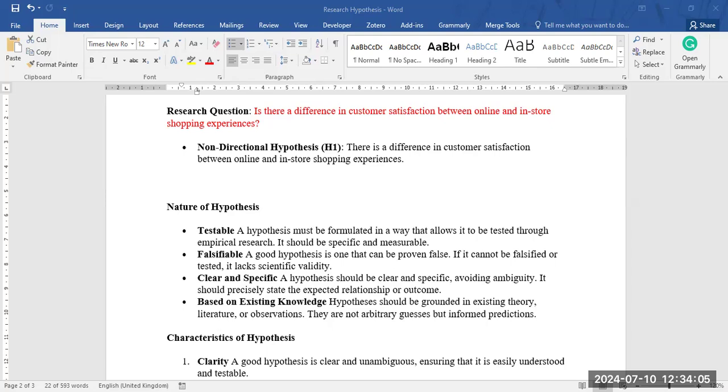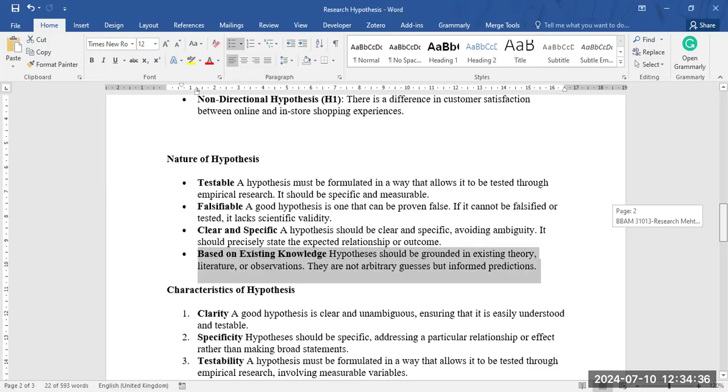They cannot simply guess without existing knowledge, because existing knowledge means researchers have already done some research related to recommendations. They expect personalized recommendation can boost sales. A company wants to test this on their website, so they can formulate the hypothesis based on that knowledge.